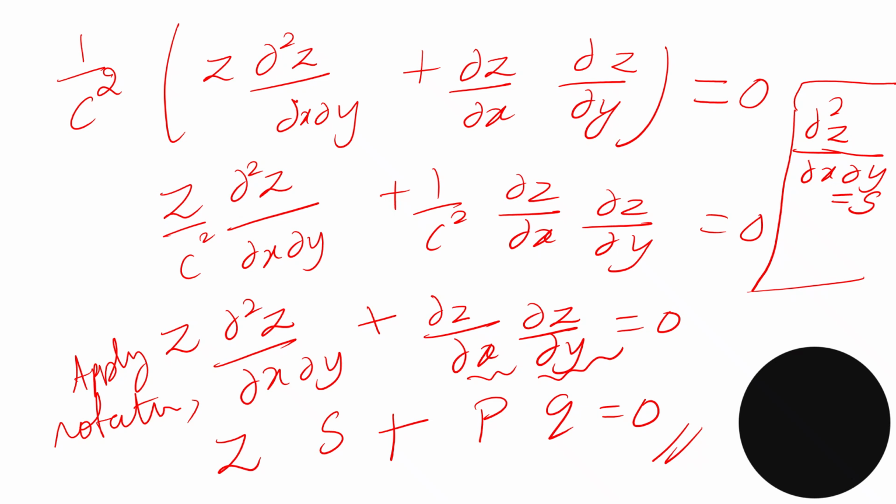Therefore, we differentiate again to obtain additional equations involving second order derivatives. For convenience, we denote the first order derivatives by P and Q and the second order derivatives by R, S and T. This process usually leads to a second order or higher order partial differential equation. We have to understand both cases using these examples.